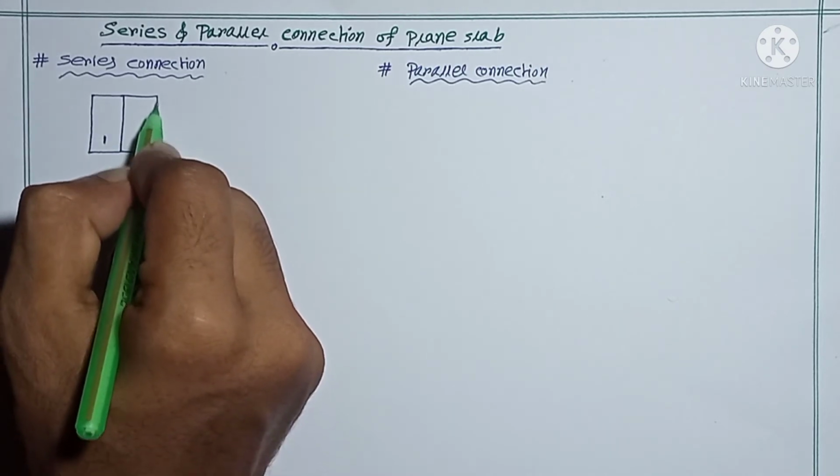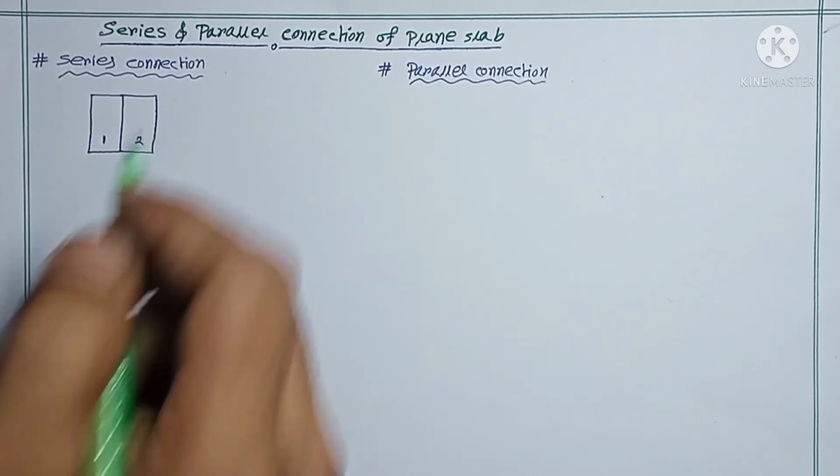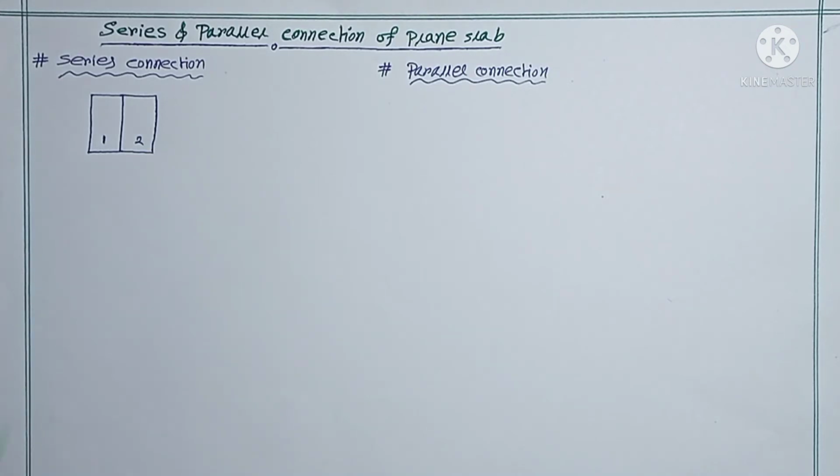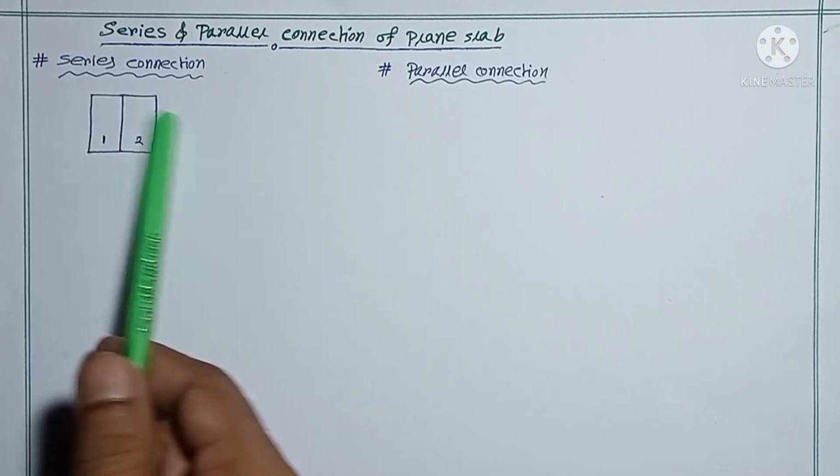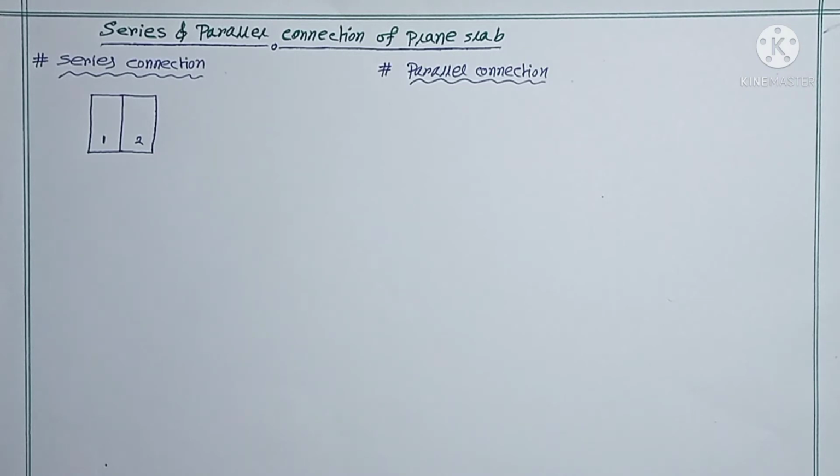Now you tell me which kind of connection it is. You will say it is a series connection, but I am telling you that it is totally wrong. Before you take any decision about the type of connection, please observe the direction of heat flow.